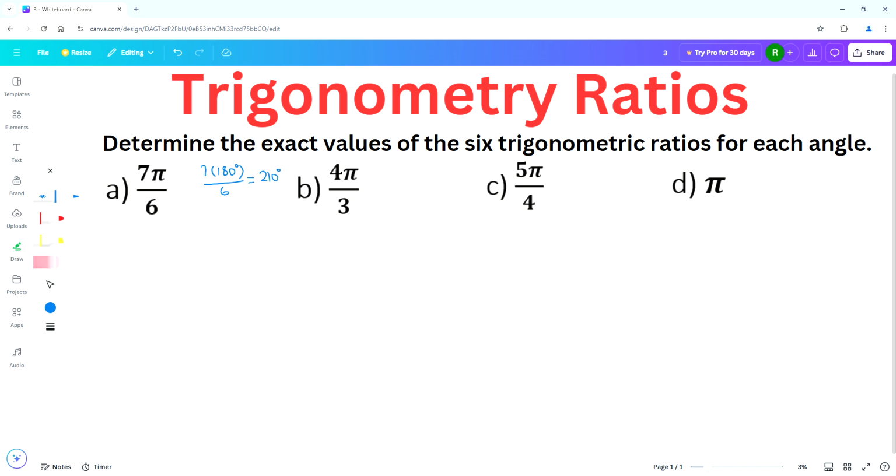Now we can sketch this angle. As per the CAST rule or ASTC rule, tan ratio is positive in quadrant 3.